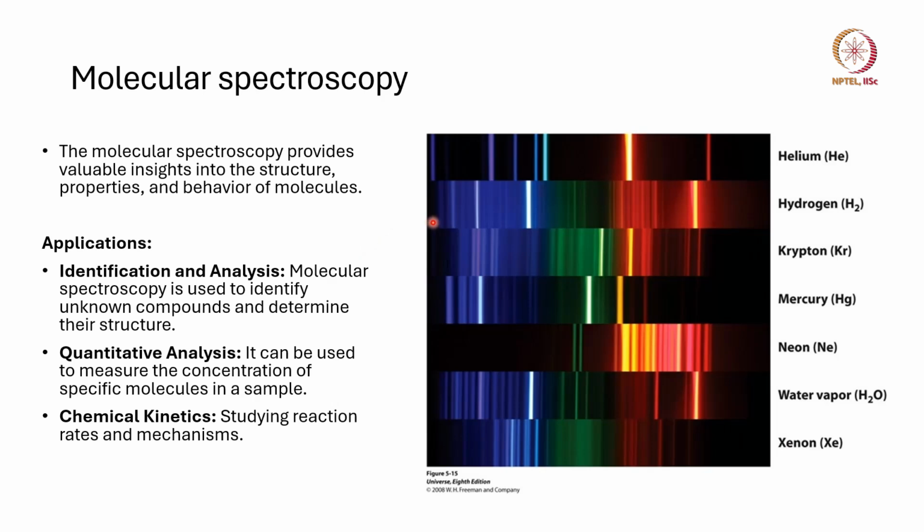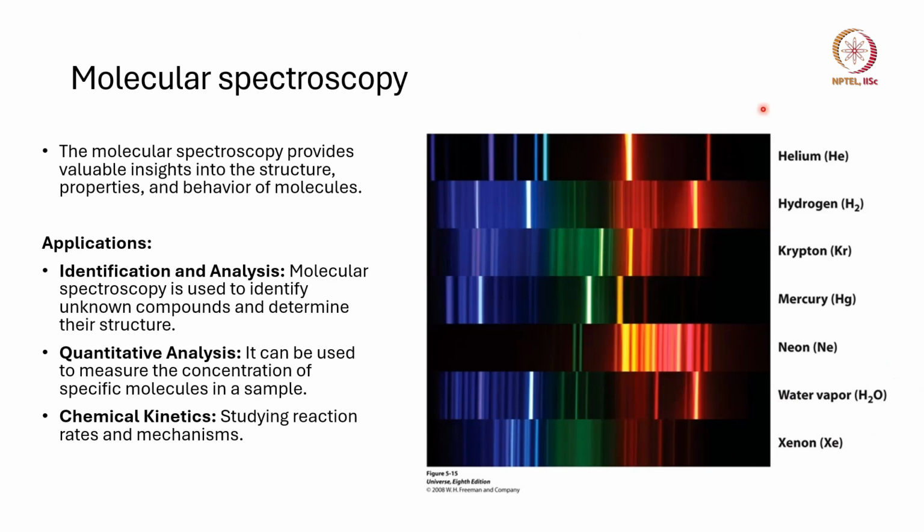Here on the right side, emission spectra for different elements and molecules have been provided, and we can see that from top to bottom we increase the complexity of the system, with helium being the simplest system with single atom and two electrons, to xenon with large number of electrons, and water vapor with three atoms.